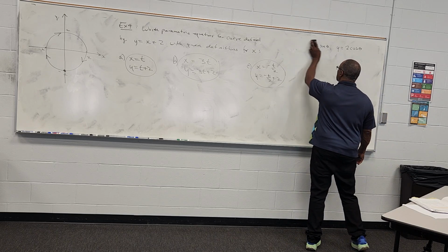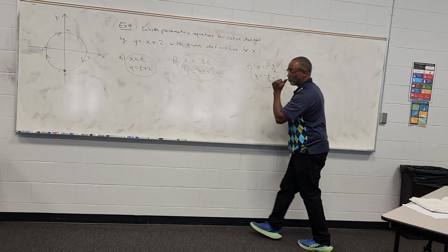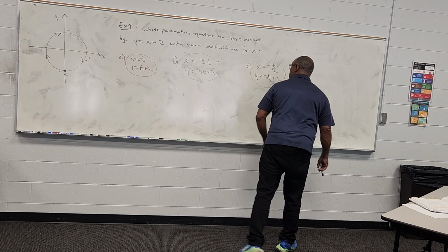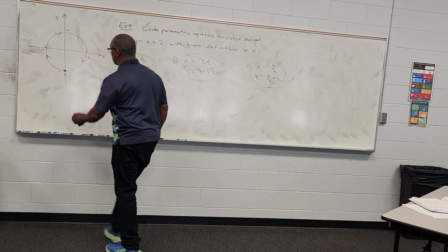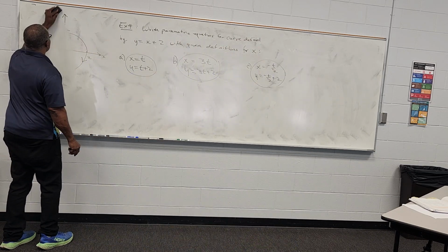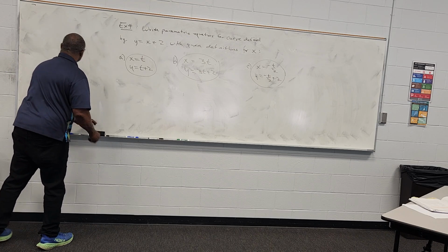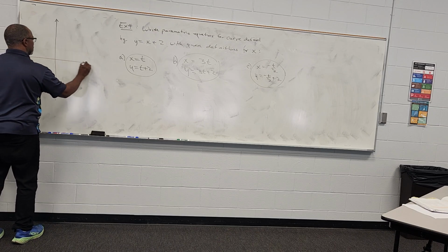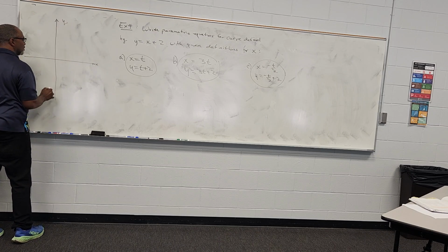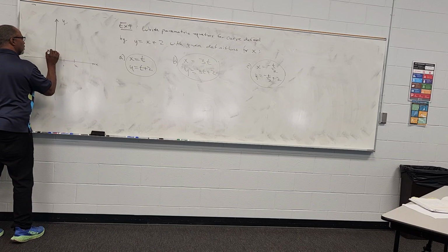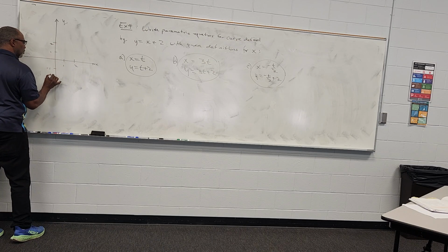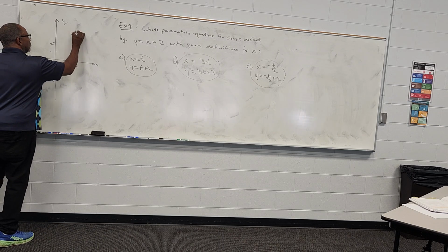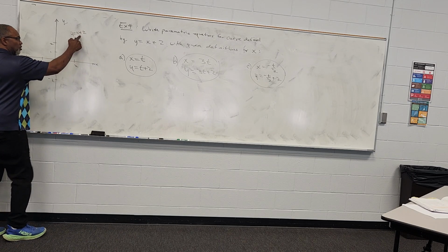Now, let's do an analysis and see what it's really doing. I already knew they say y equals x plus 2. Y equals x plus 2 is a straight line. When x is 0, y is 2.